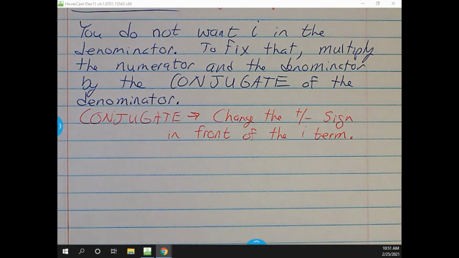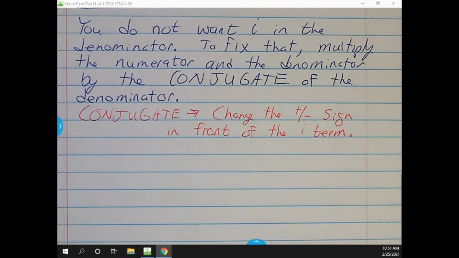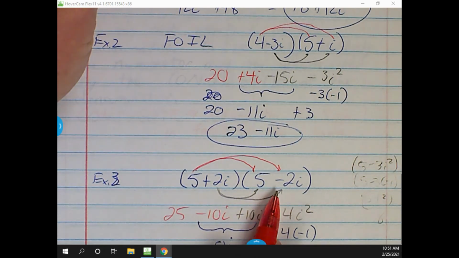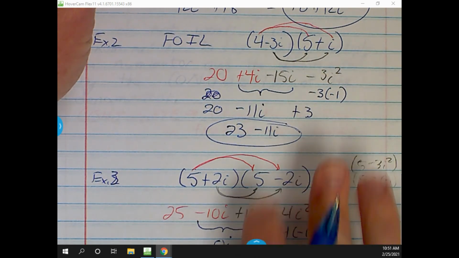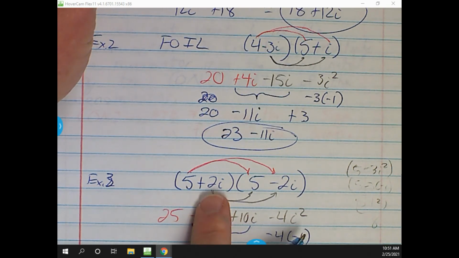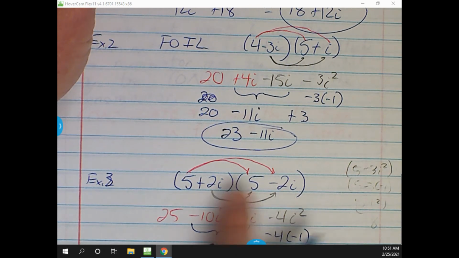Okay, so all you do for the conjugate is you're just changing the sign. Let me go back for just a second to the problem I had before this. This one was conjugates because it was 5 plus 2i and 5 minus 2i. If they gave you 5 plus 2i and said find the conjugate, this would be the conjugate. You just change the sign in front of the i term from a positive to a negative, or if it's negative, you change it from a negative to a positive.